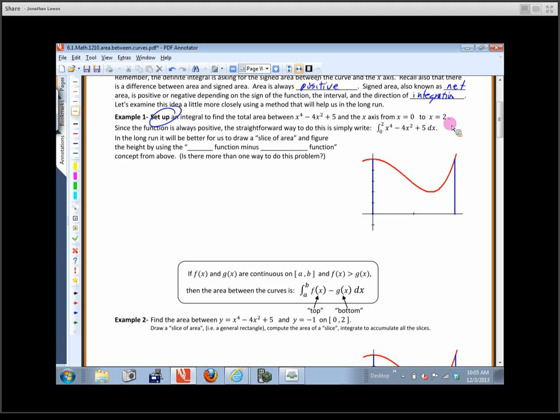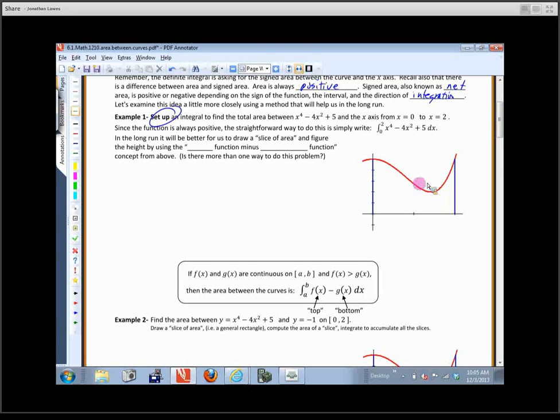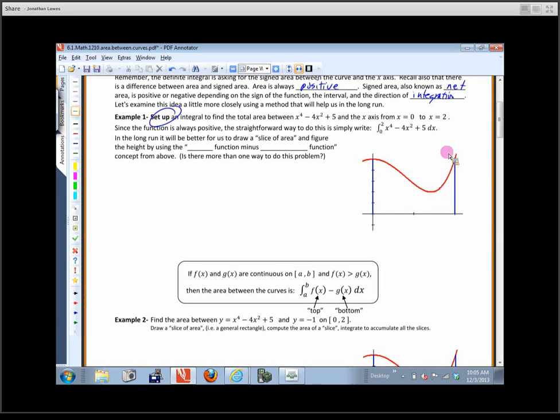Because this function is always positive, and I've got a picture of what this looks like right here, we don't have to pull out our graphing calculators or anything. The easiest way to do this would just be the definite integral from 0 to 2. Start slicing this up at 0 and stop slicing at 2 for that function right here. Here's the height and there's the width.